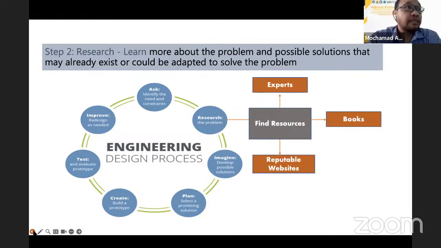Caranya bertanya kepada expert, ini bisa dari dosen atau Anda tanya ke orang yang ahli, kemudian kita cari sumber-sumber dari buku-buku tentang roda gigi tadi supaya kita bisa memecahkan problem yang sudah didefinisikan di atas tadi. Kemudian juga bisa dari website-website yang bereputasi. Artinya yang memang dia qualified dalam bidang mechanical engineering, terutama dalam bidang roda gigi ini.